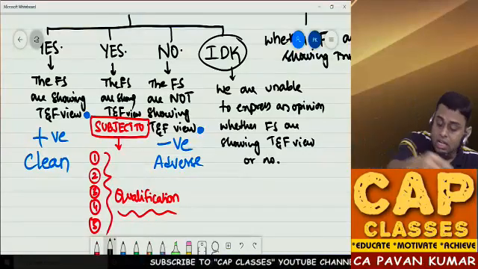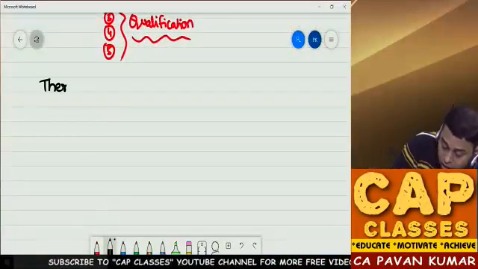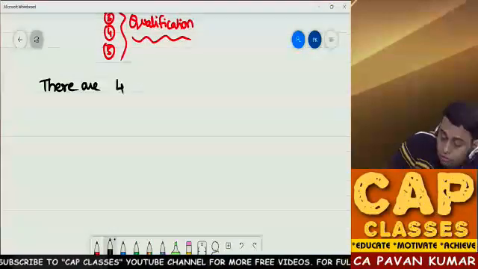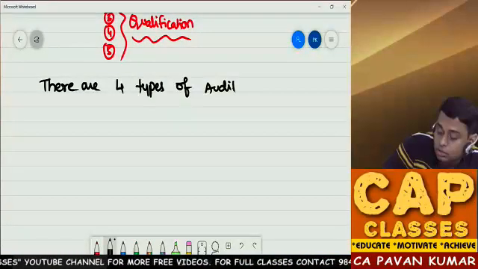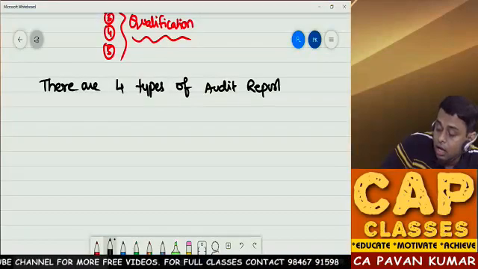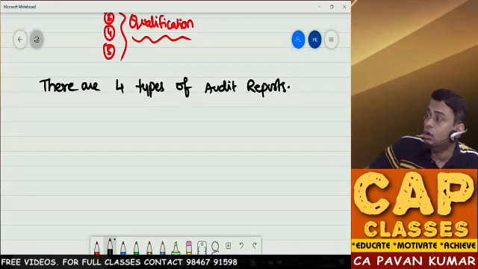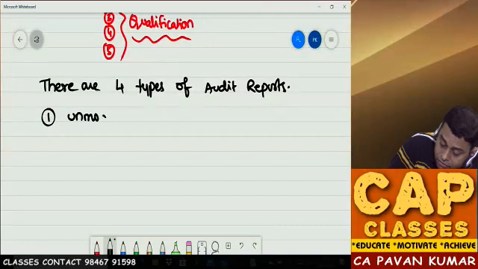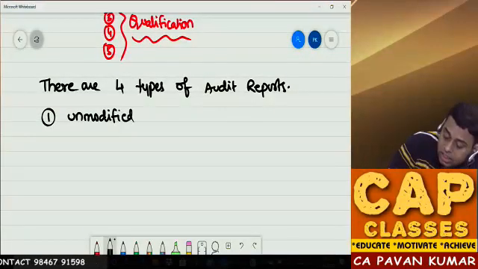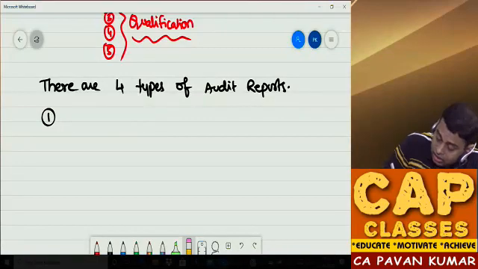So my dear friends, overall there are 4 types of audit reports, which are broadly classified into 2. What are those 4 types? One is unmodified. This is a clean report, which is unmodified.